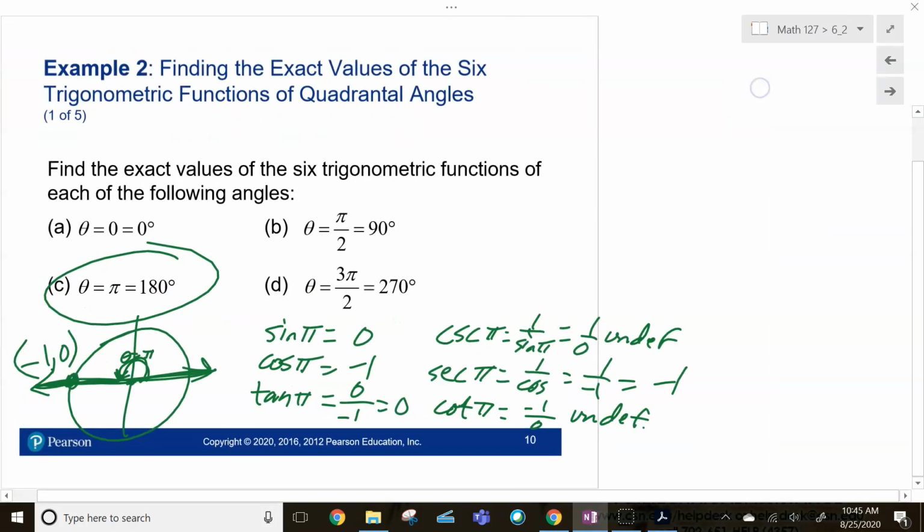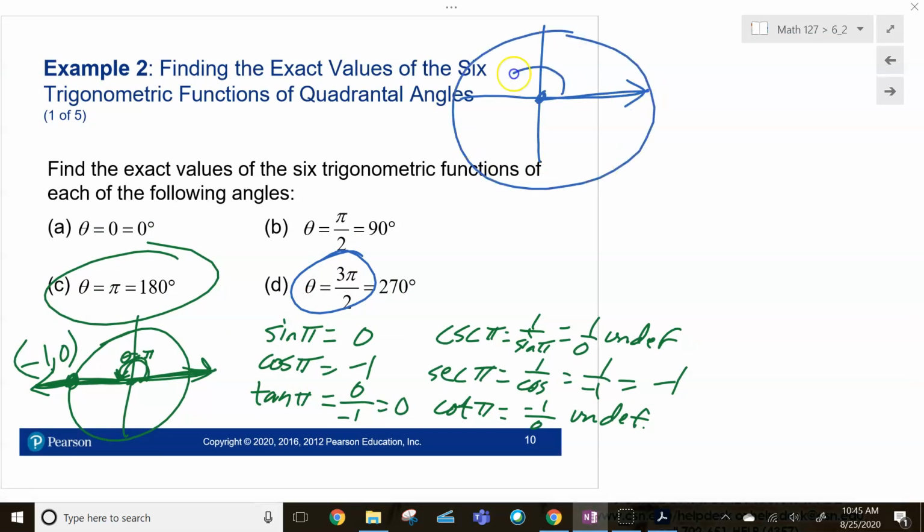Okay, let's do that last one there with 3 pi halves. So now we're going to rotate around 3 pi halves. I find 3 pi halves on my cheat sheet, and it lands on that point right there, 0, -1. And I can go through each of those. Sine of 3 pi halves would then be the y value.